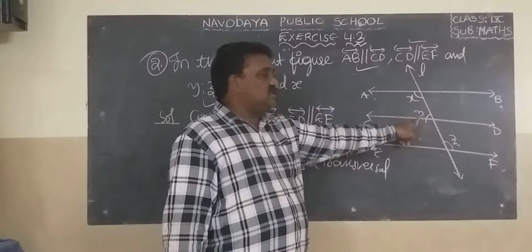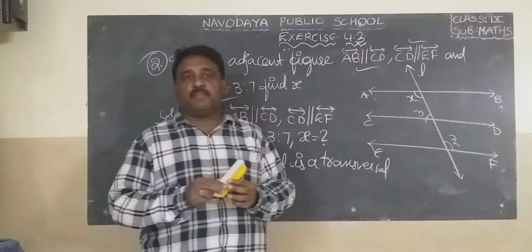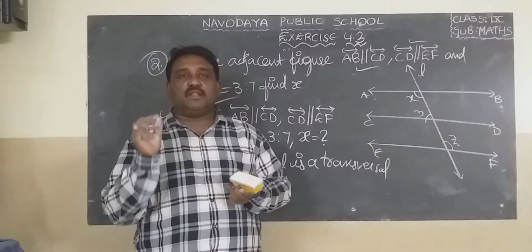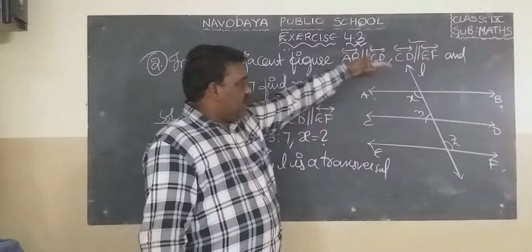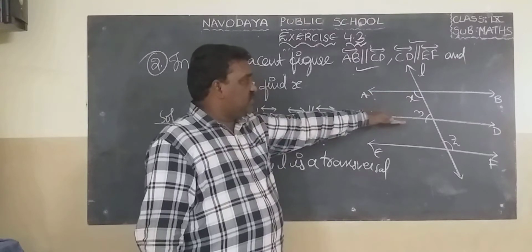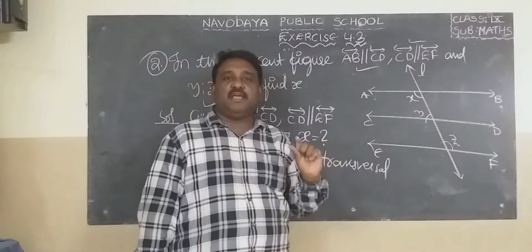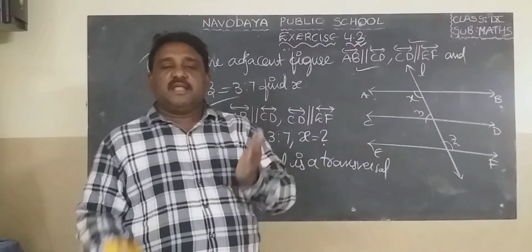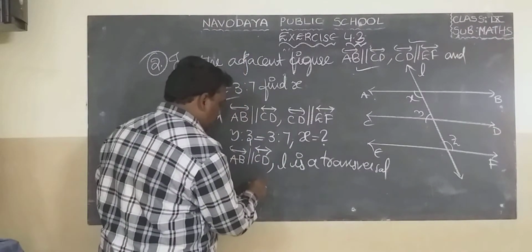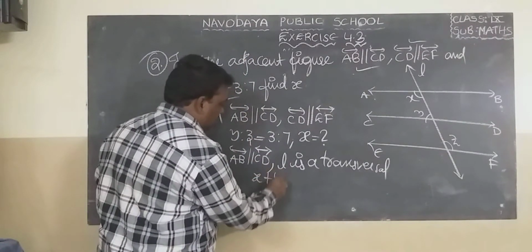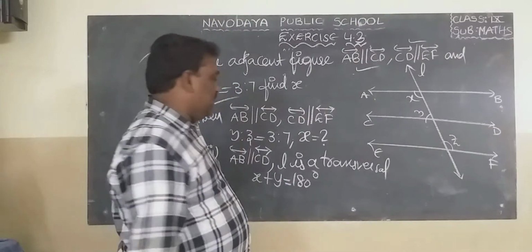Interior angle. What is y? Interior angle. If the lines are parallel, I told you one property: interior angles on the same side of the transversal are supplementary. So here AB line parallel to CD line, L is a transversal. X is an interior angle, y is an interior angle. They lie on the same side of the transversal. So x plus y equal to 180.